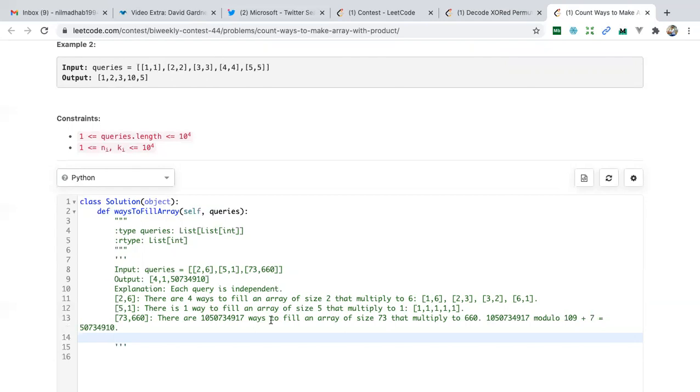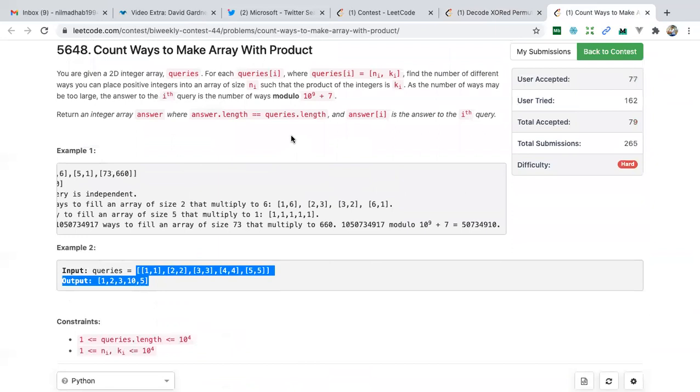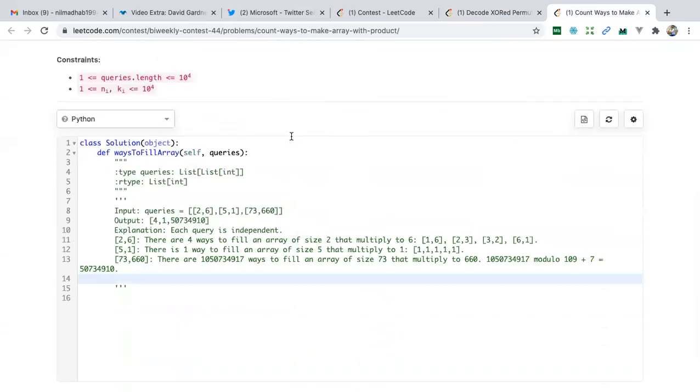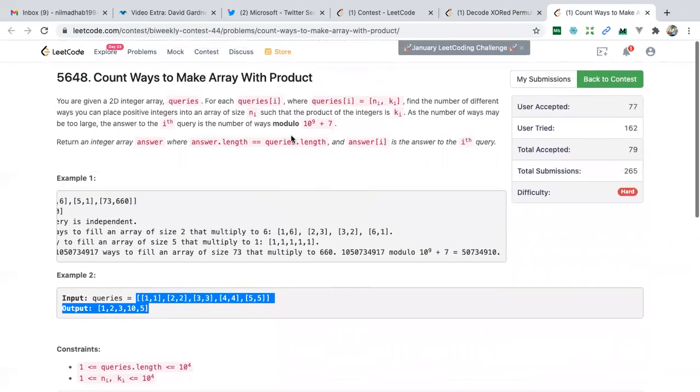How can we solve this question? In the brute force, how can you solve it? And the numbers can be anything?